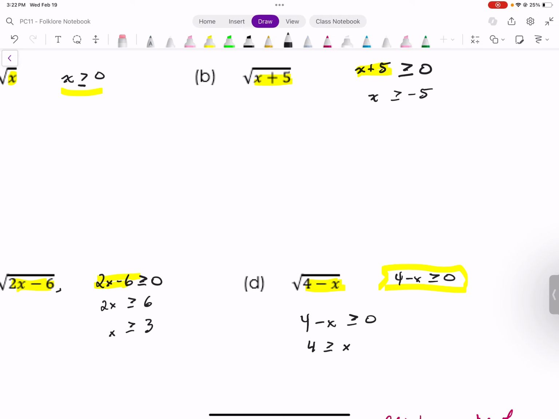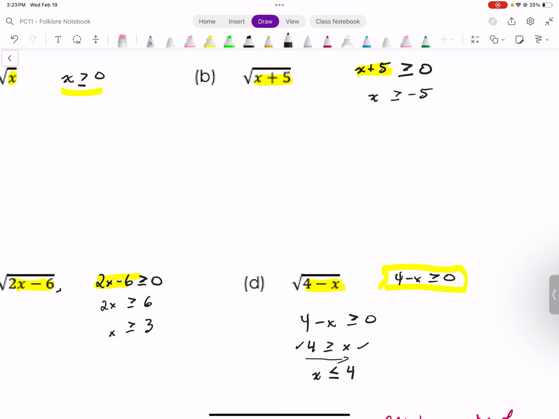Now, typically, we like to write our variable on the left. Saying 4 is greater than or equal to x is logically equivalent to saying x is less than or equal to 4. Typically we read left to right, but if you read it right to left, it is x less than or equal to 4. So that's one way of doing it.